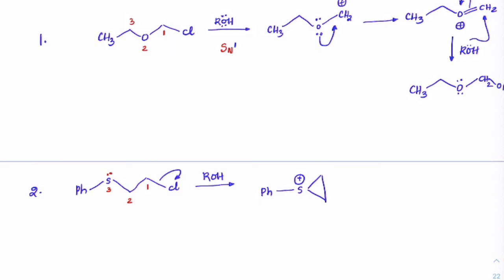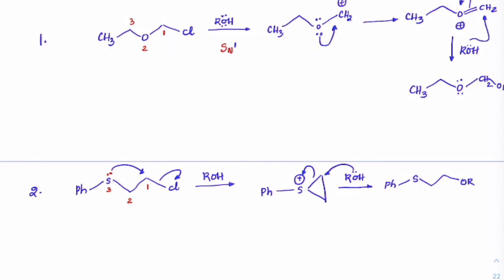Chlorine will come out this way when sulfur attacks. And on this, ROH will attack as a nucleophile. This group will rearrange. So we'll have PhS and OR.